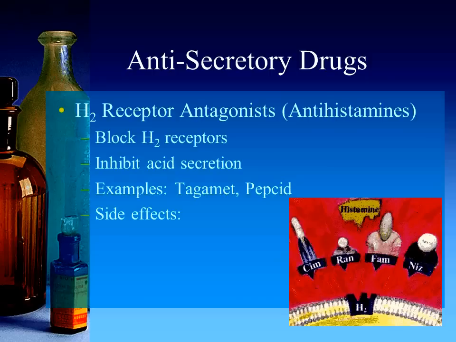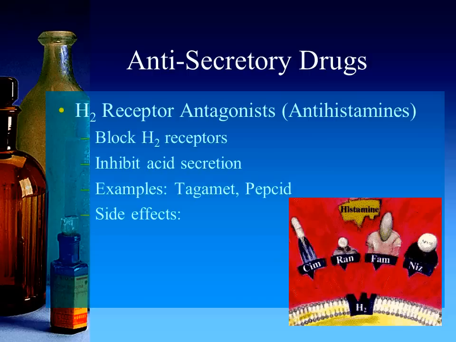So one of the ways that we can decrease the amount of acid in the stomach is to block those receptors. We put something else in place of histamine in the H2 receptor, and voila, we do not trigger the release of acid into the stomach. Common examples of these, and you've seen these now over the counter, are Pepcid and others.